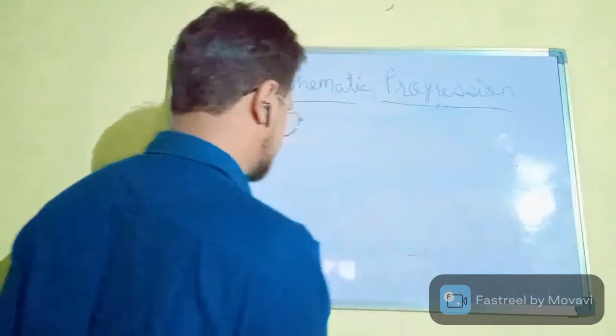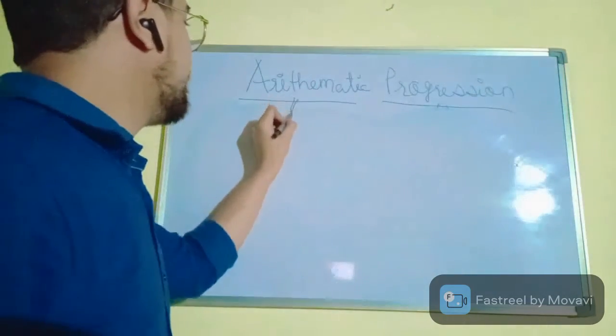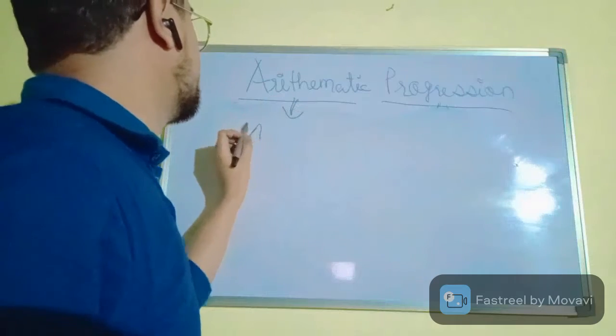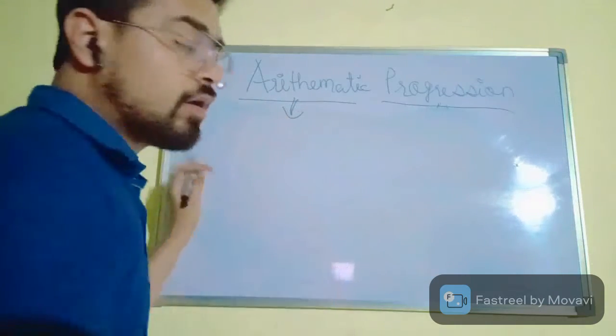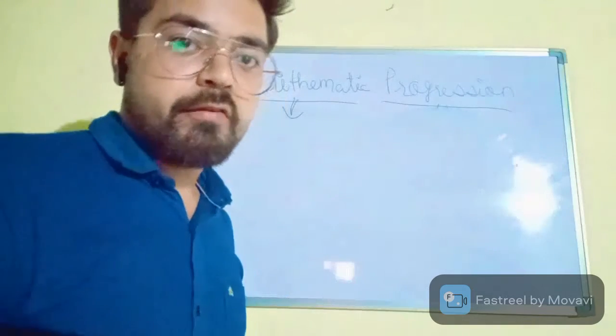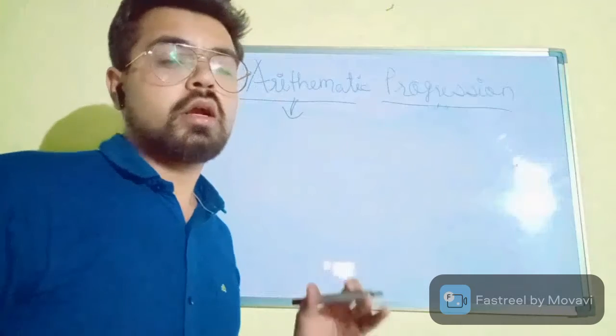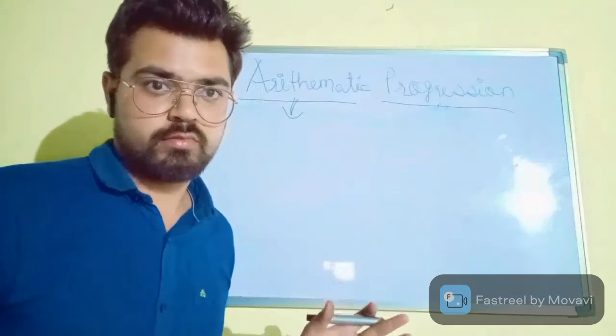Arithmetic progression means a progression having a constant difference between the term and the previous term.